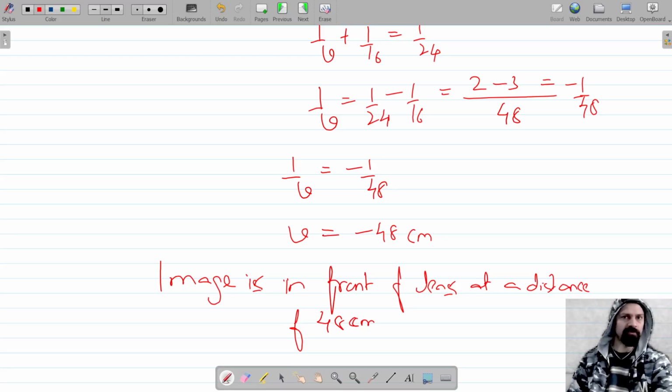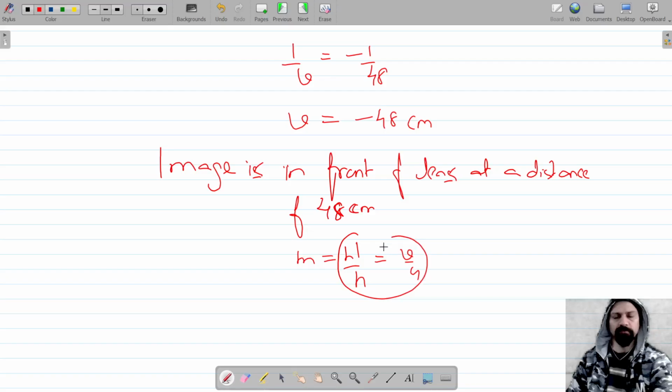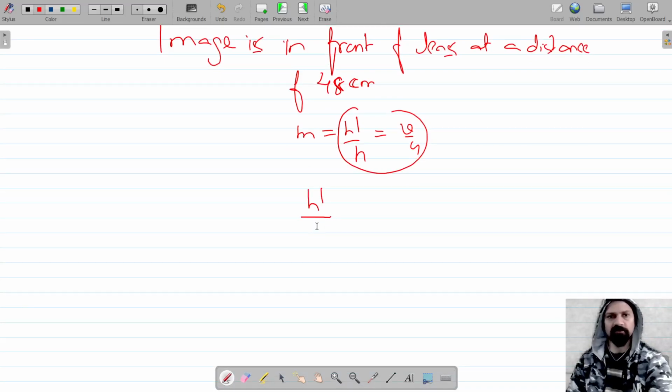So the image is formed on the same side of the object. Now we have to find the size, and we know that M is equal to h dash by h, which is equal to v by u. So let's use this combination. h dash is the size of the image, h is the size of the object.